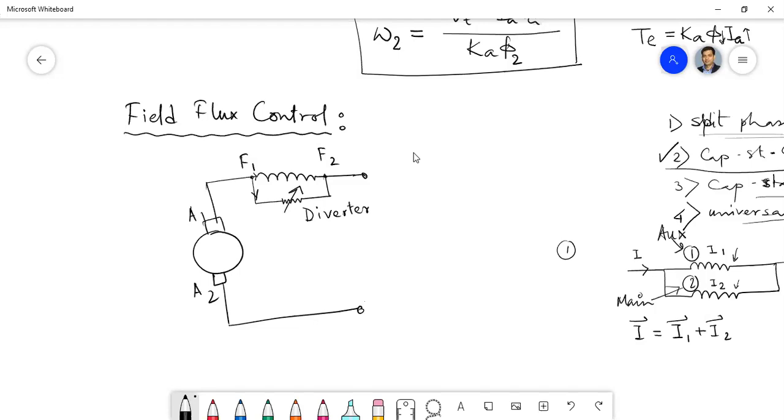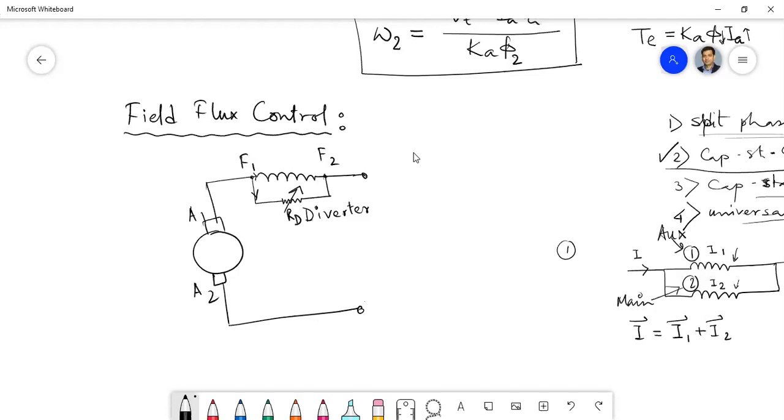But similar technology is also used for measuring instruments. There we call it shunt, because it also provides a shortcut path or shunt path. Okay, so this is one way by which we can control the field flux. You see here, the current which will flow through the field coil, you can control by this diverter resistance.